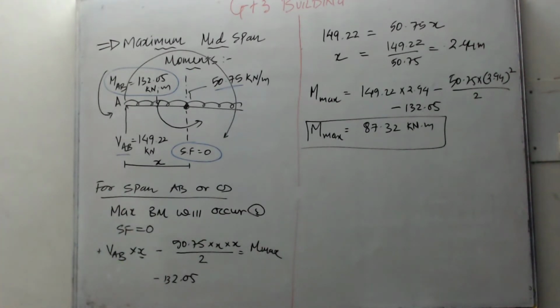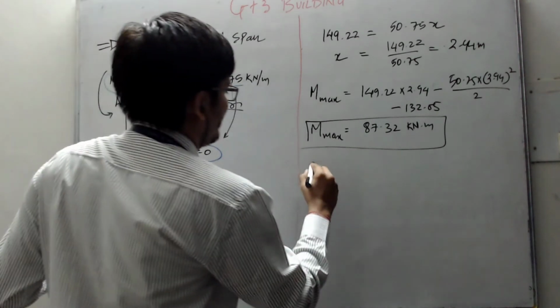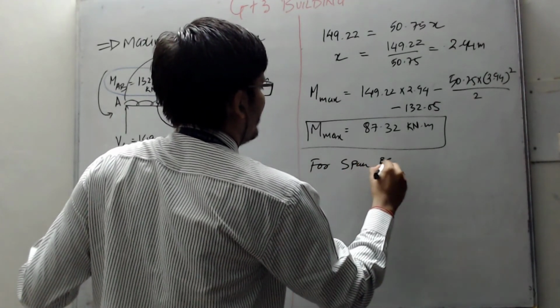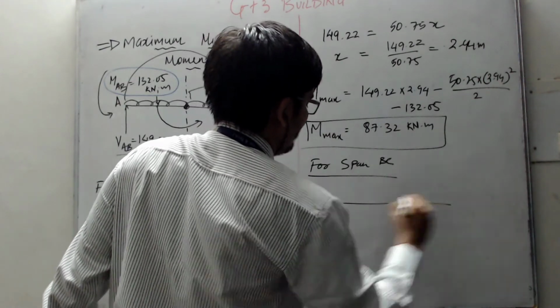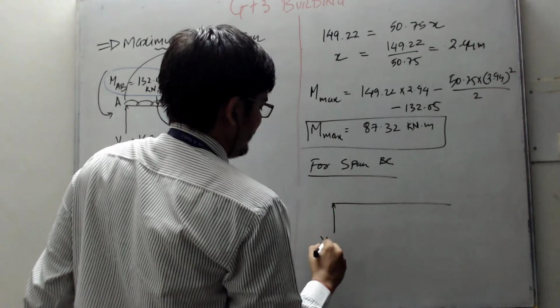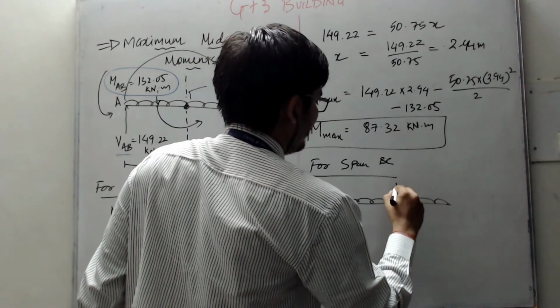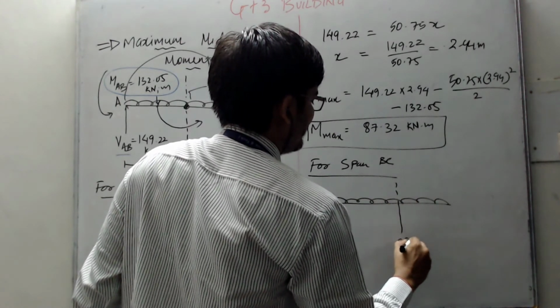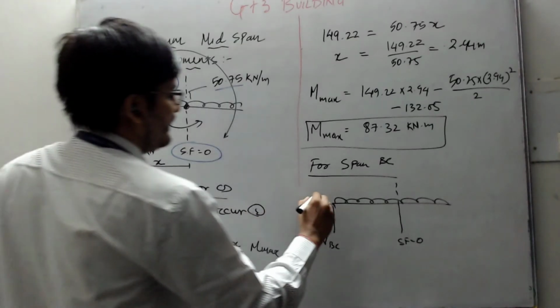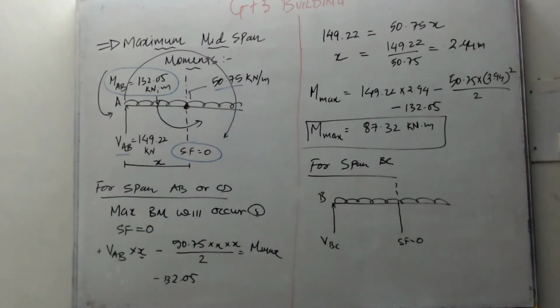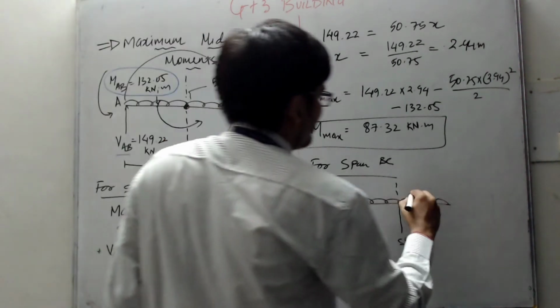Similarly, we need to calculate for span BC also. So next for span BC, if I draw a diagram like this, here I have VBC, there is a UDL, there will be a section where shear force is equal to 0. This is B and there is a UDL of 46.82 kilonewton per meter.